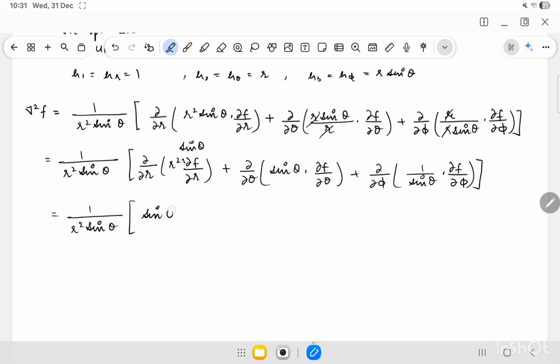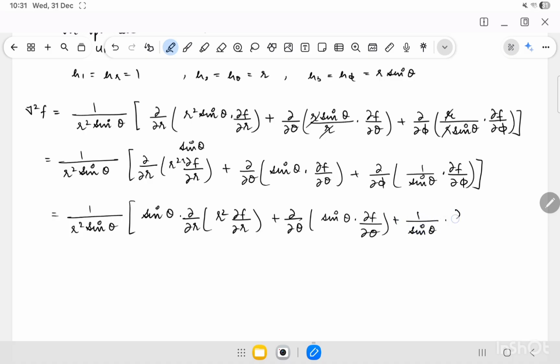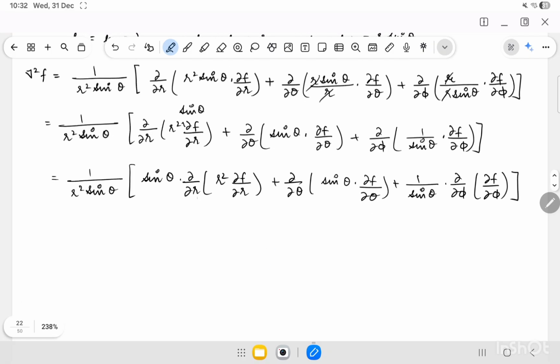So it will be sin theta times del by del r of r square del f by del r, plus del by del theta of sin theta times del f by del theta, plus 1 by sin theta times del by del phi of del f by del phi. It can be further simplified, like you can distribute this partial differentiation inside the bracket and so on, but we'll leave it here.